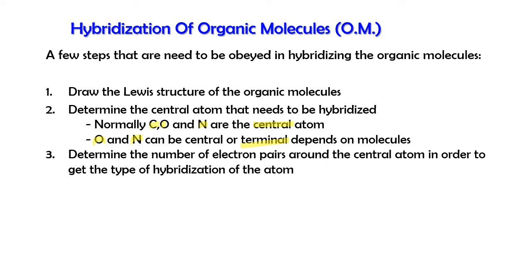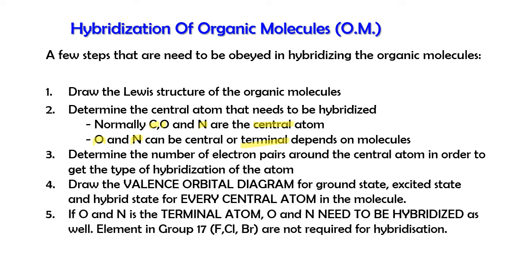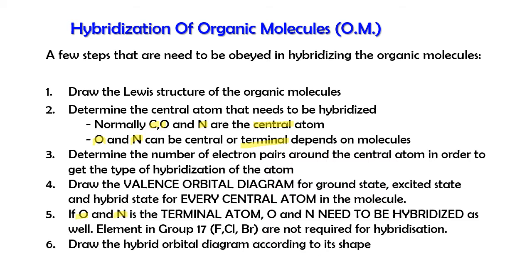Next, determine the electron pairs around the central atom and draw the valence orbital diagram like usual, and write the ground state, excited state, hybrid state for all the central atoms, and for the terminal atoms if it is oxygen and nitrogen, and then draw the hybrid orbital diagram according to the shape.